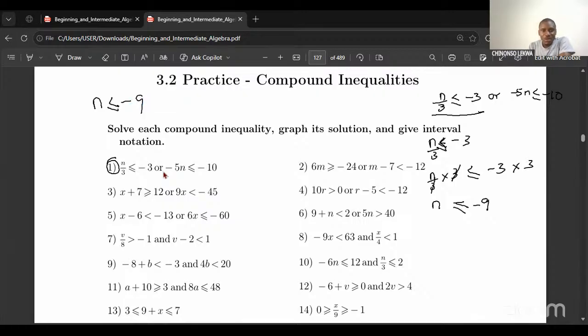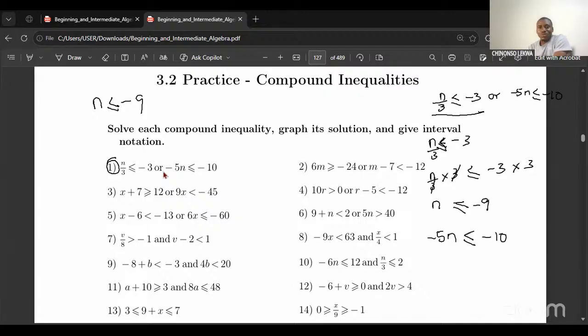So the other range is we have -5n is less than or equal to -10. So again, I want to isolate n, and remember in our last live session, Mr. Michael explained to us that when we operate with inequalities with a negative sign, so either you multiply both sides by a negative number or divide through by a negative number, you flip the inequality sign.